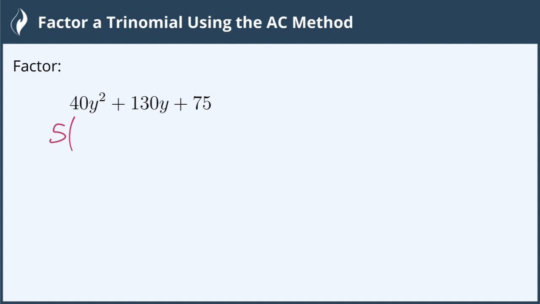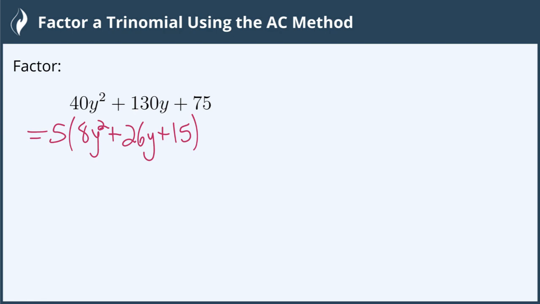So 40y squared divided by 5 is 8y squared. 130y divided by 5 is 26y. And 75 divided by 5 is 15. So now we have this version where we have pulled out the greatest common factor. So we're going to be able to factor what's left inside the parentheses.